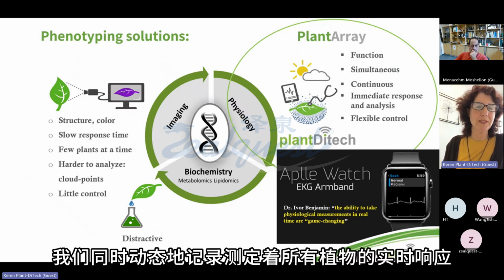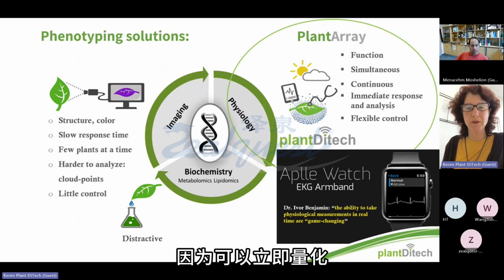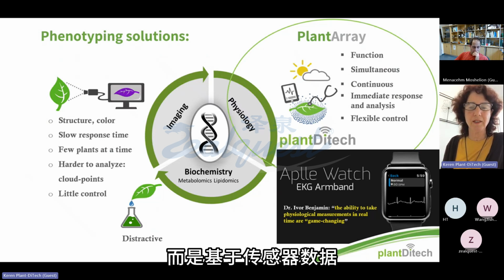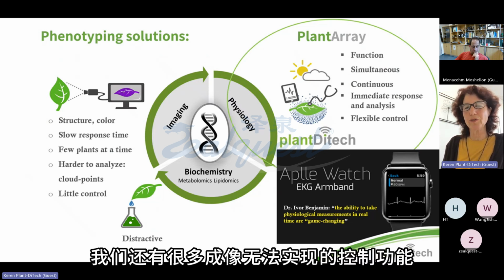We measure all the plants dynamically and simultaneously for immediate response, and it is very easy to analyze because it's all quantified immediately. No image is taken, it's all based on sensors. And we have a lot of control abilities, where in imaging it's more limited.